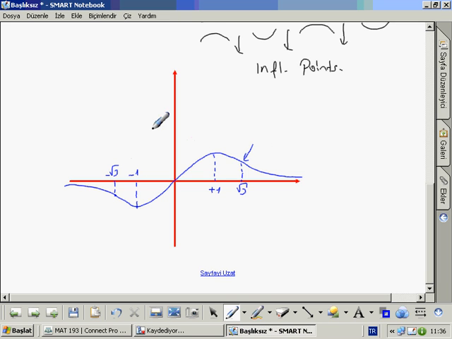These points are inflection points, and also this 0.